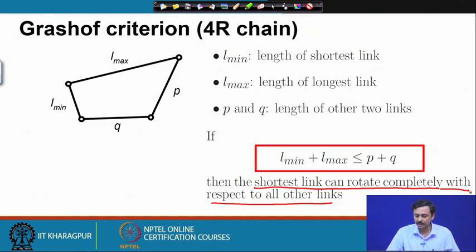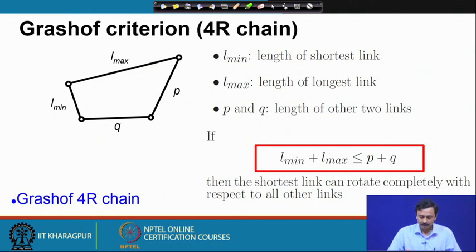So, this is the Grashof criterion for a 4R chain. The criterion is in terms of lengths of the links, which can ensure complete rotatability of the shortest link. A 4R chain which satisfies the Grashof criterion is known as a Grashof 4R chain.